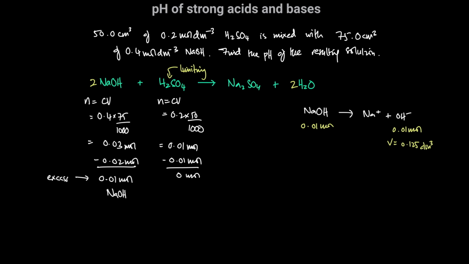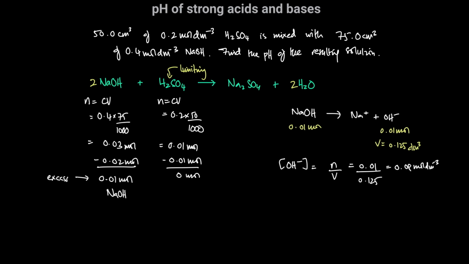What's the concentration of hydroxide ions? Number of moles per unit volume, so that's 0.01 divided by 0.125. So we get 0.08 moles per decimeter cube. So now that we know the concentration of hydroxide ions in the solution, we can find the pH.